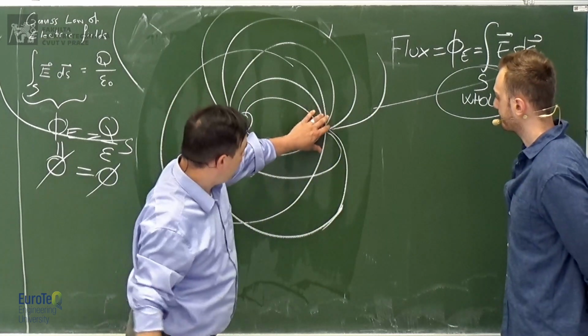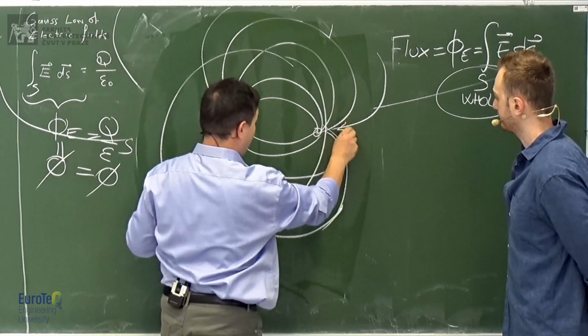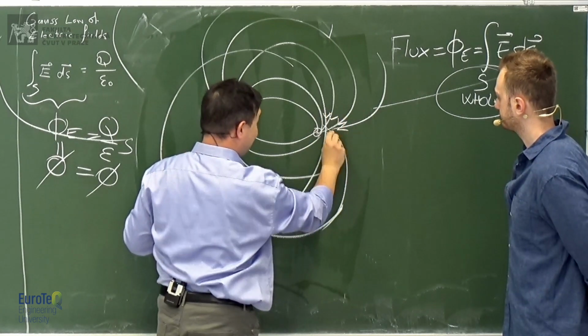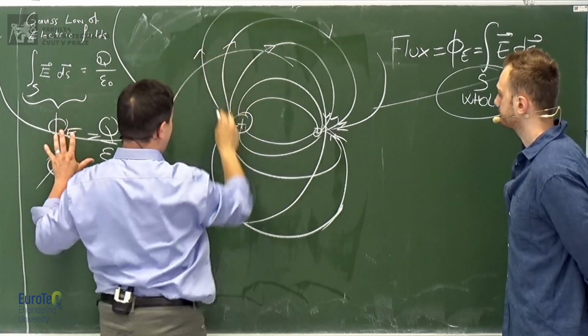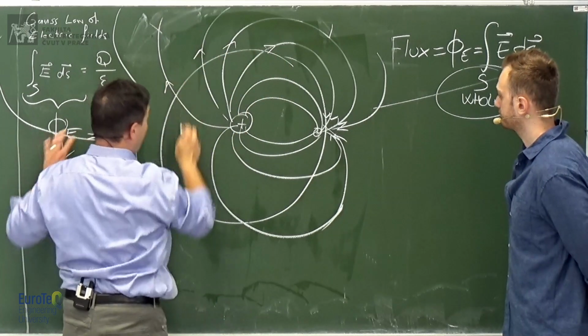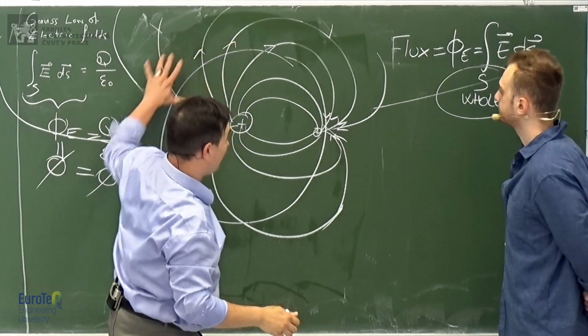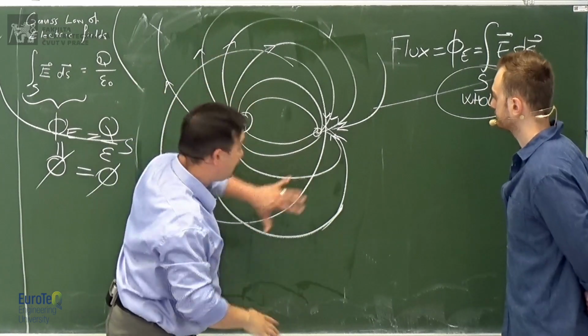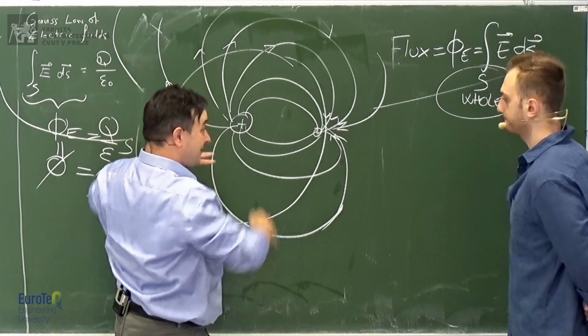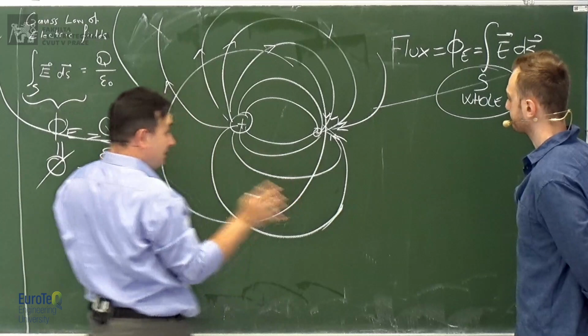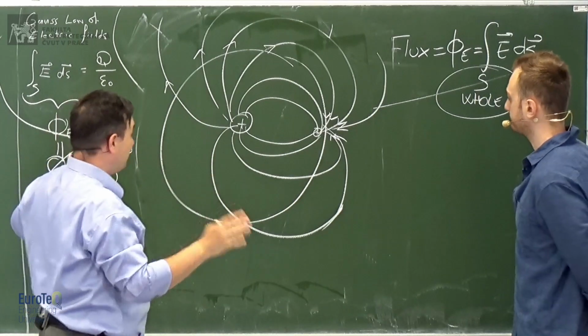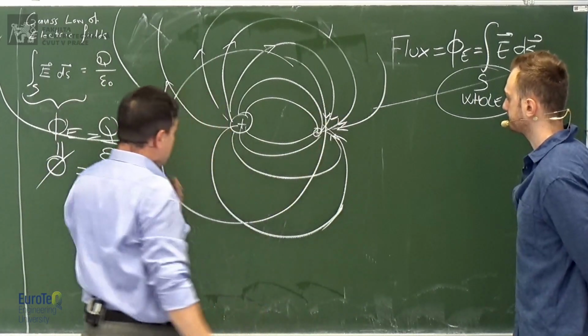Of course, here I will have more flux incoming, so the flux density here will be very large. Here, the density of the flux will be lower because it is spread over a bigger surface. But again, if you take the integral over the whole surface, the sum is 0. This is the beauty of this equation. It doesn't matter where you put the charge.